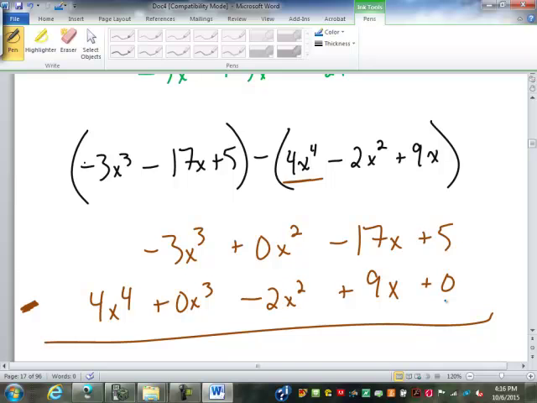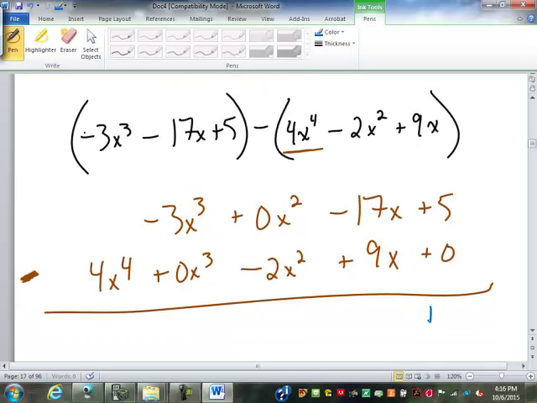5 minus 0, that's 5. Negative 17x minus 9x, negative 26x. 0x squared minus a negative 2x squared, positive 2x squared. Good. Negative 3x to the third minus 0x to the third, negative 3x to the third.